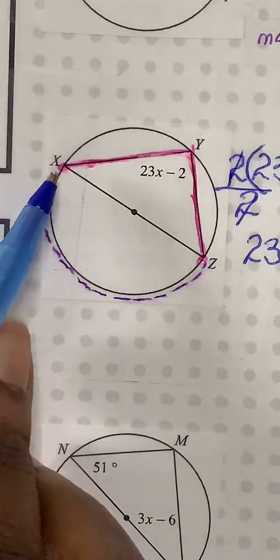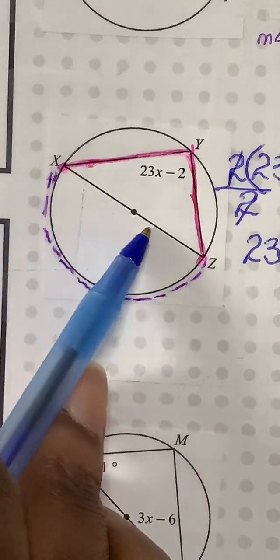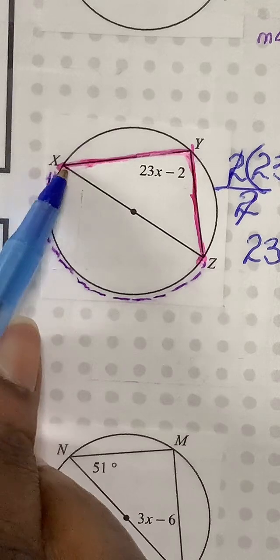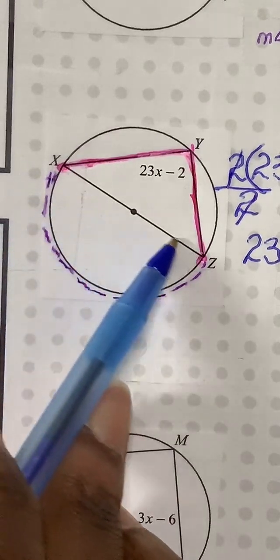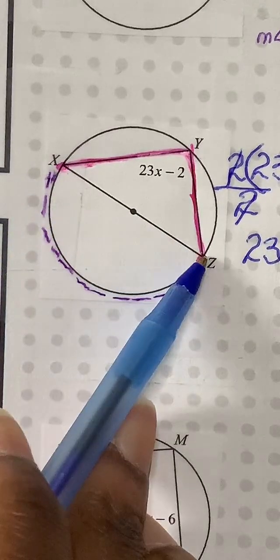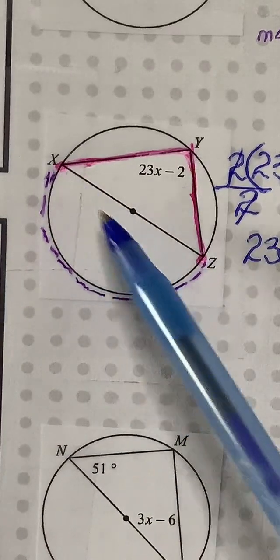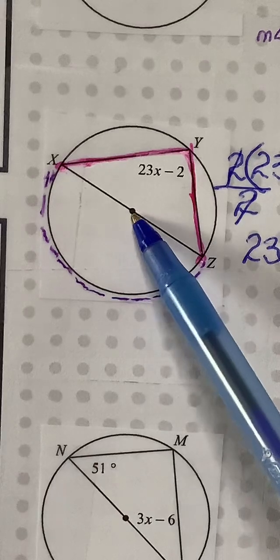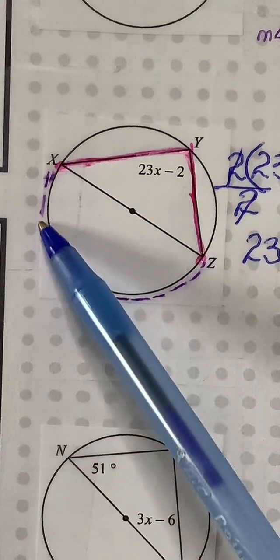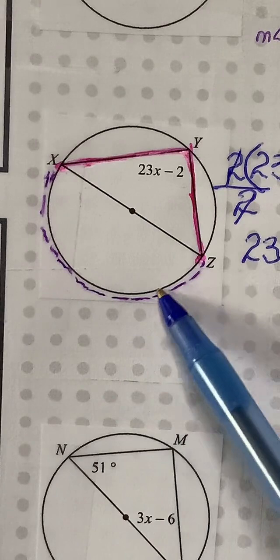So here we have a chord that's going through the center of our circle. So this chord is called the diameter. So that's going to be half the circle. So that means since this is the center of the circle, this is 180 degrees.